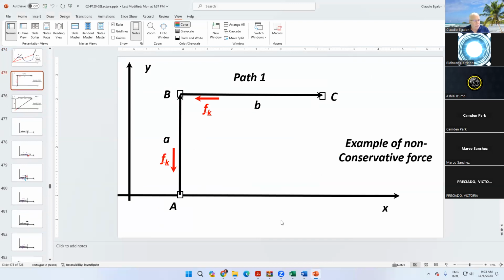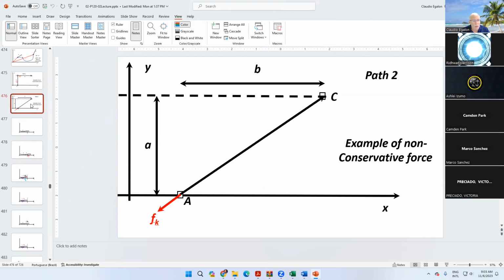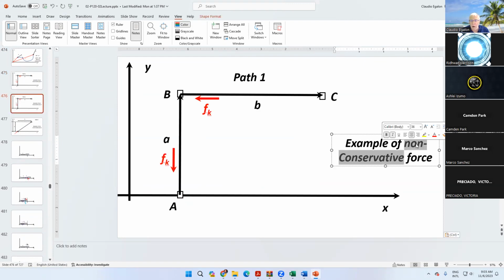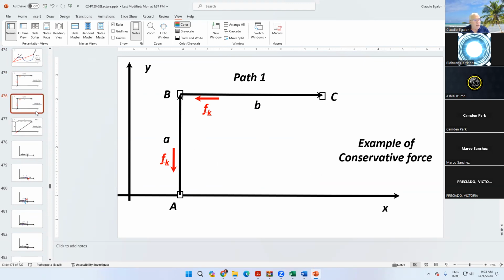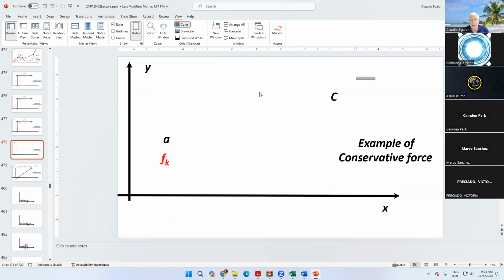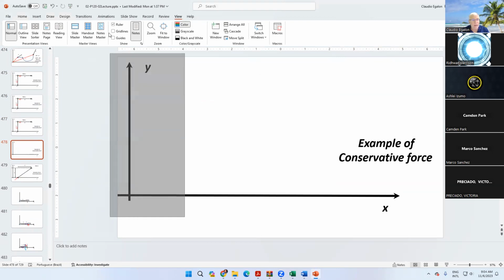Okay, so here you go. Example of a conservative force. I'm going to do everything from scratch, right? I'm going to erase that, and erase that.